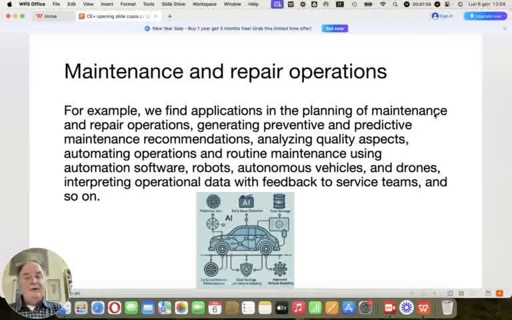For example, we find applications in the planning of maintenance and repair operations, generating preventive and predictive maintenance recommendations, analyzing quality aspects, automating operations and routine maintenance using automation software, robots, autonomous vehicles, and drones, interpreting operational data with feedback to service teams, and so on.